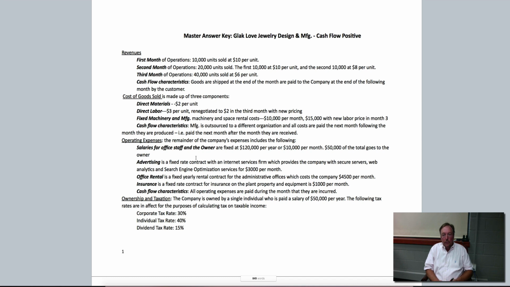This involves the concept of understanding what fixed and variable expenses are. We're going to go through and identify what are the fixed expenses and what are the variable expenses, learn how to calculate what break even is, and then be able to prove that to ourselves using the financial model that we have.